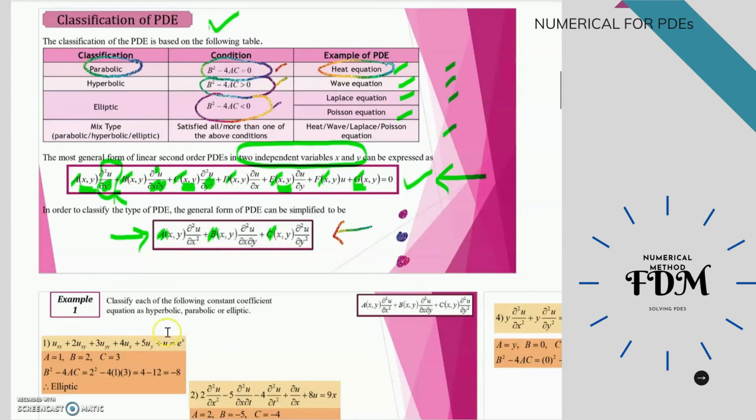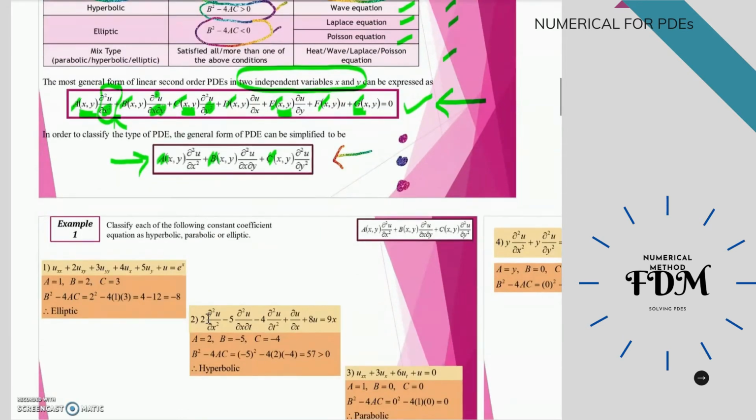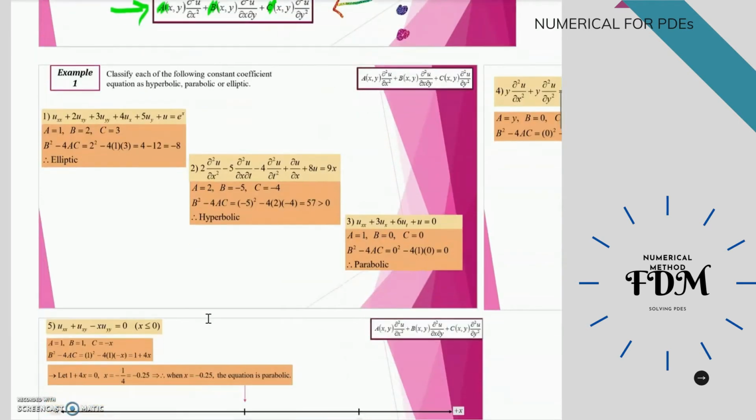Okay, so I also give you an example here. So we hold tightly our simplified equation of PDE here. Okay, this one, and then we have, let's say, classify each of the following constant coefficient equations as hyperbolic, parabolic, or elliptic. Okay, so now we check.